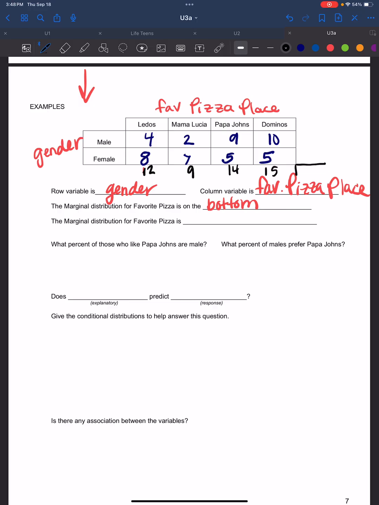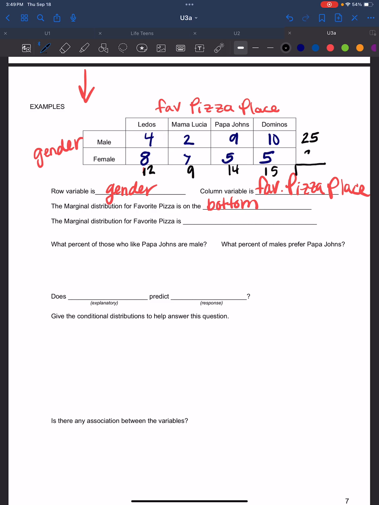Awesome. And then if we add across the other way, 4 plus 2 is 6. 6 plus 9 comes out to be 25, right? No, that's right.